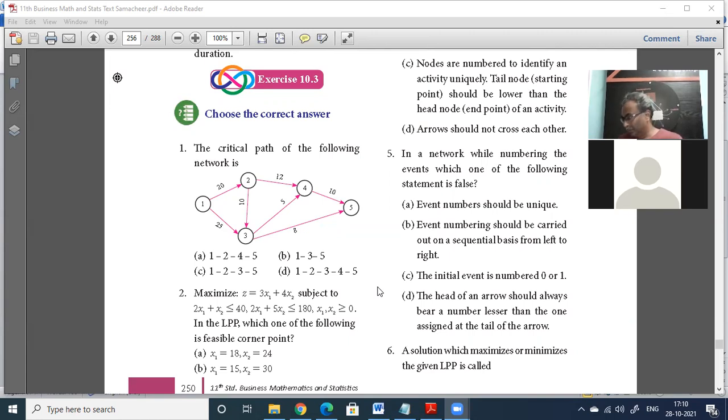Okay. Today, let us try and look at exercise 10.3. There are 15 problems. Let us see if we can do some of these problems. Exercise 10.3.